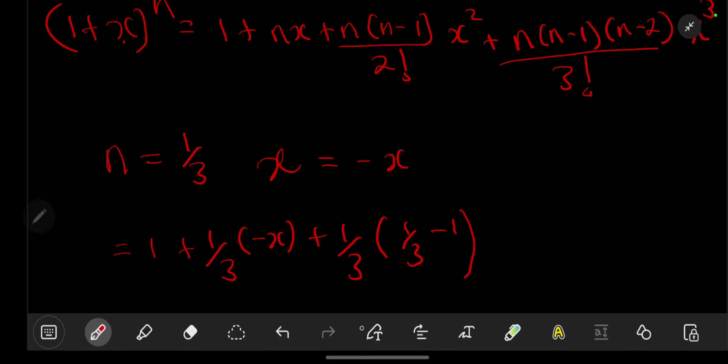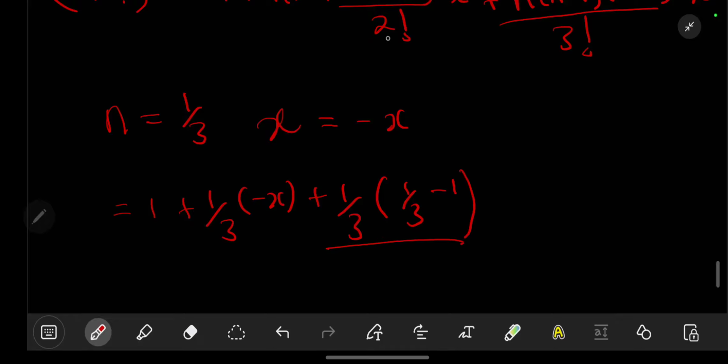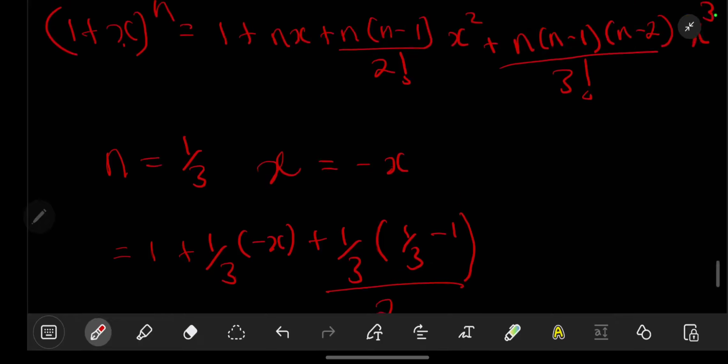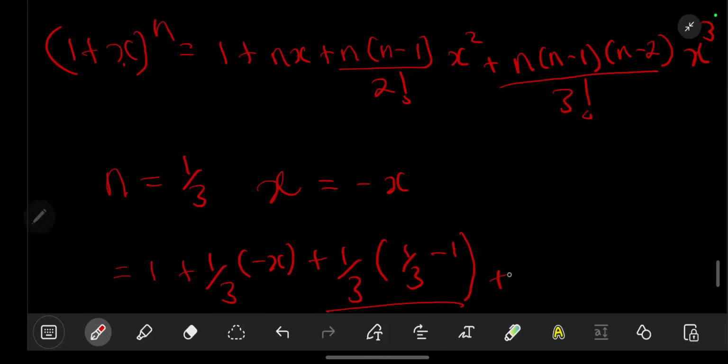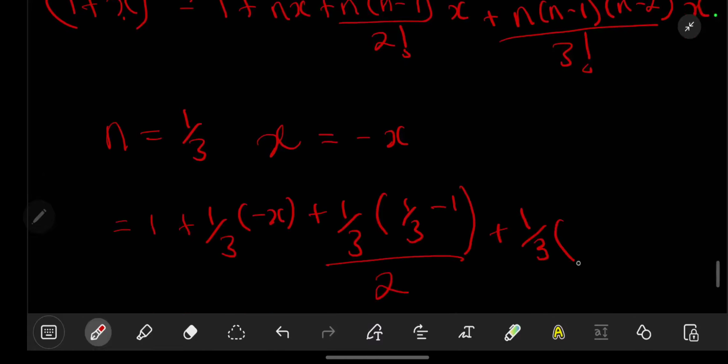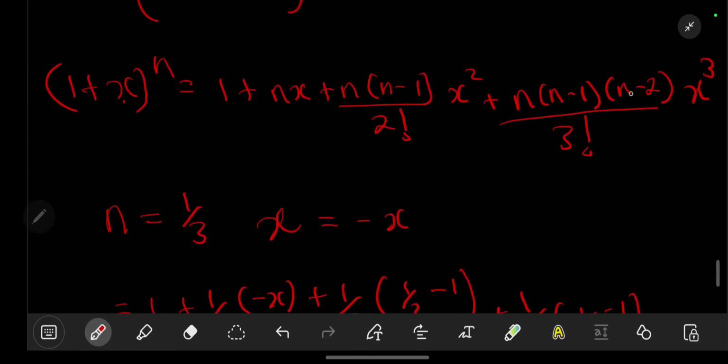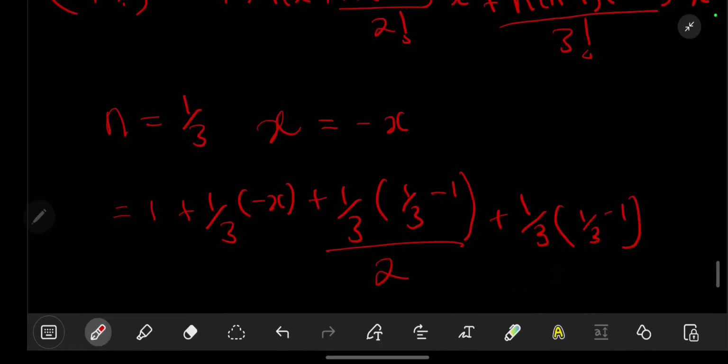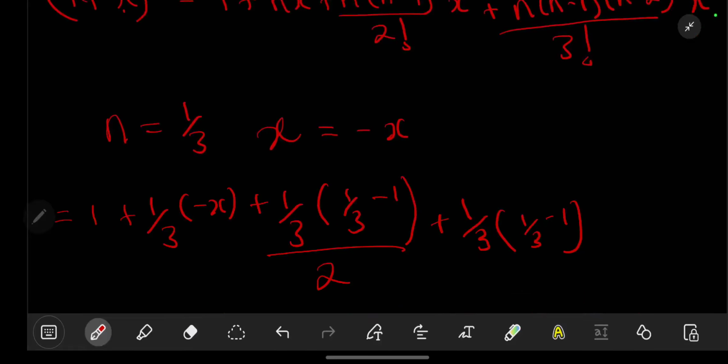Minus 1, then we have over 2 factorial, which is equal to 2. Then we have plus n, which is 1 over 3. Then n minus 1, so we are going to put 1 over 3 minus 1. Then here we have n minus 2, 1 over 3 minus 2.